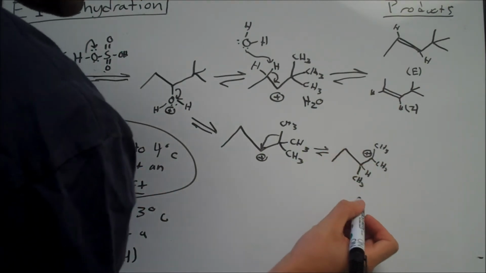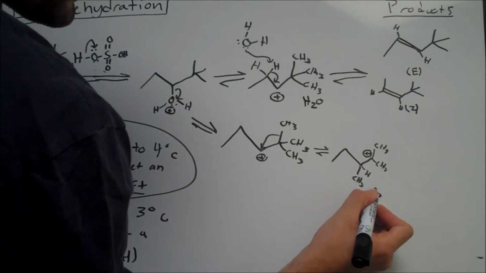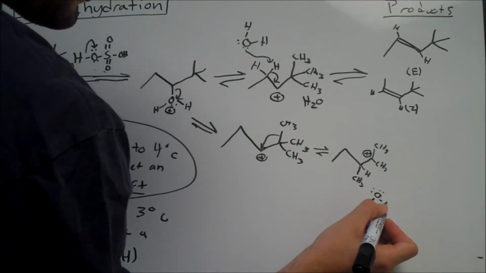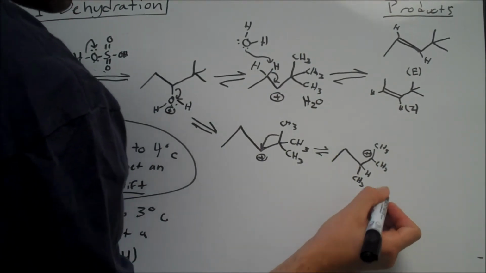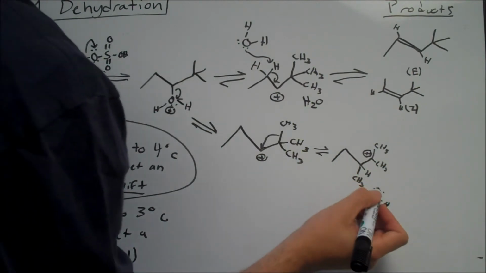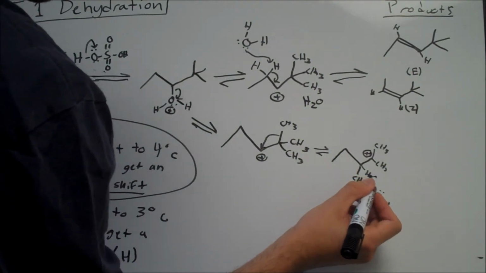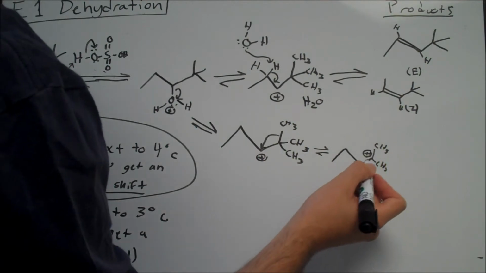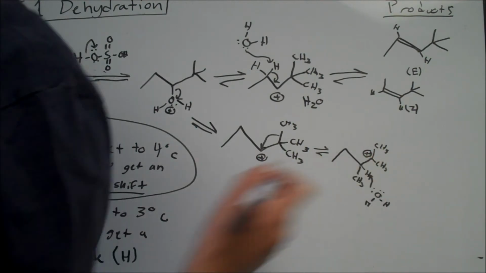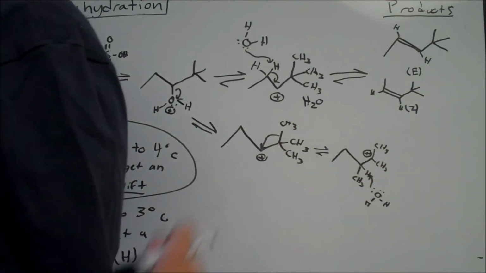One of the products you can get is if you use your water again as a base. The lone pairs on the water can take this beta hydrogen. Now this is a beta hydrogen because it's on a carbon that's beta next to the alpha carbon, the alpha carbocation.